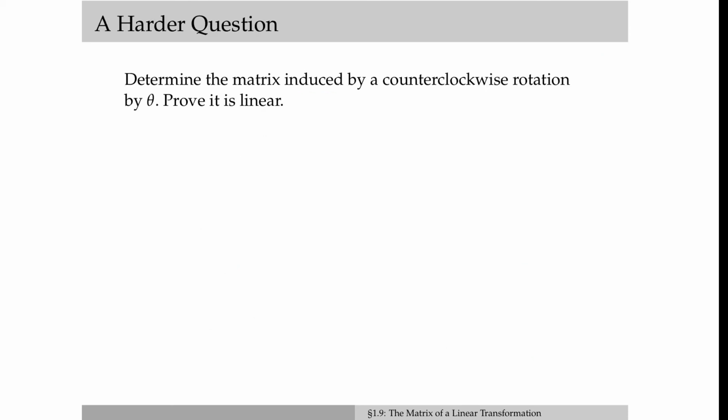All right. Determine the matrix induced by counterclockwise rotation by theta. Ooh, now this looks juicy. So let's see here. We first look at E1 hat. That's going to have length 1. Now if we rotate this by theta, angle there's theta, we get a new point here. What are the coordinates of that point?